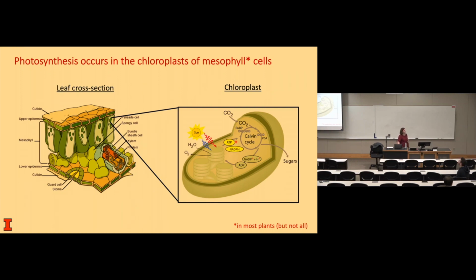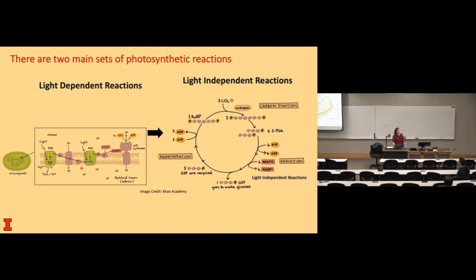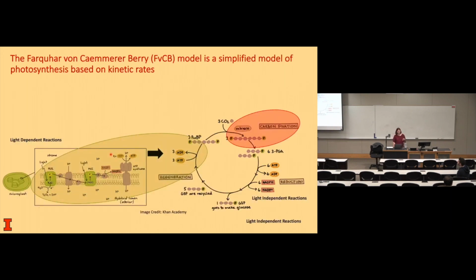Inside the chloroplast, there are 2 main sets of reactions of photosynthesis, the light-dependent reactions and the light-independent reactions. The way that we model these, the most common model, I'd say, is what's called the Farquhar-von Caemmerer-Berry model. This is a similar metabolic pathway as I showed with the lignin model, but now looking at photosynthesis.